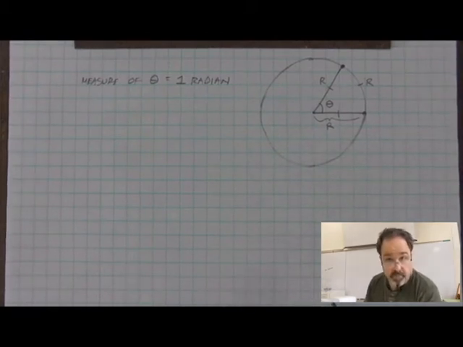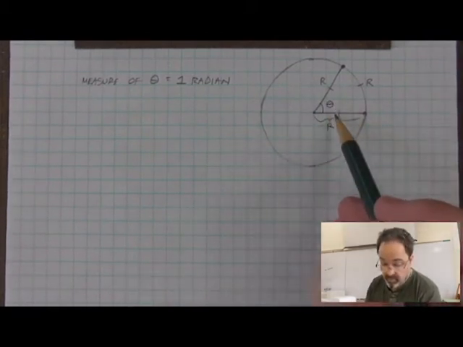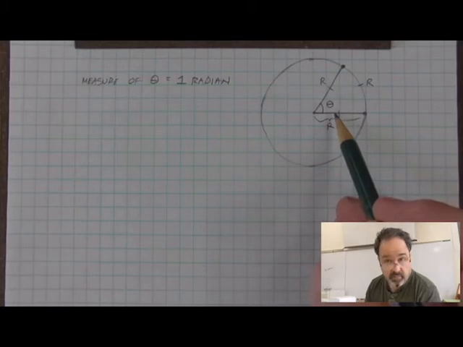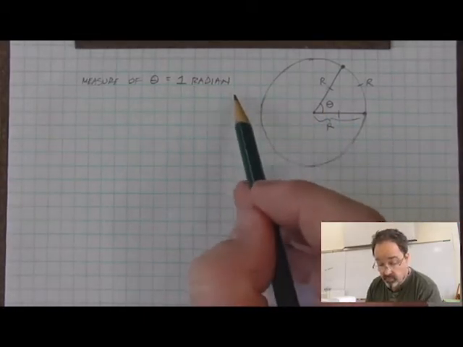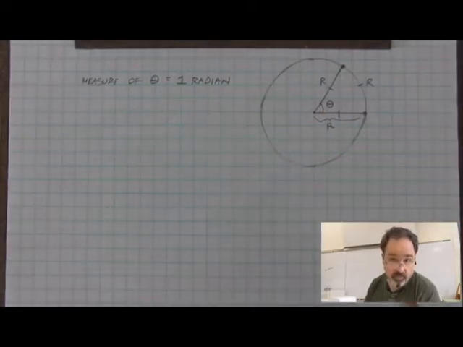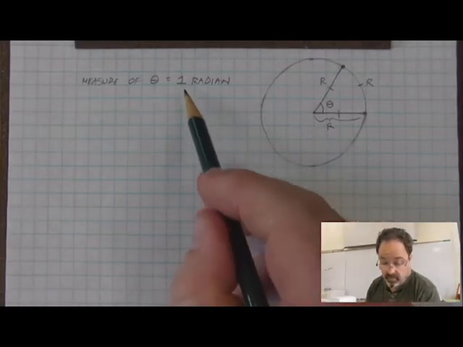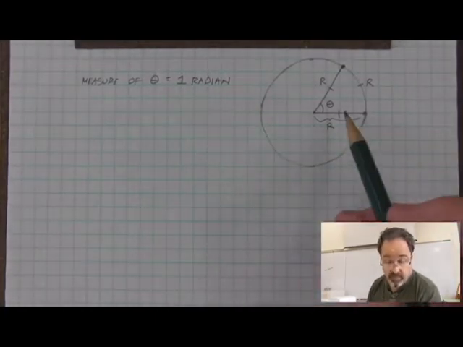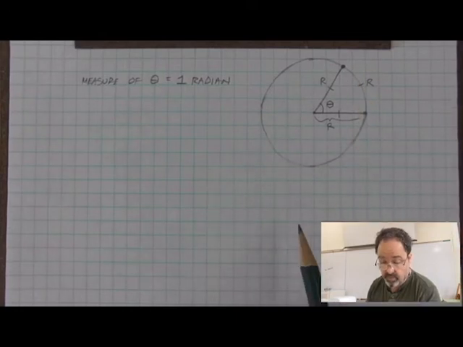Radians measure arcs and angles. The word itself, radian, contains the root radius because a radian is defined according to this geometry of the radius of a circle.